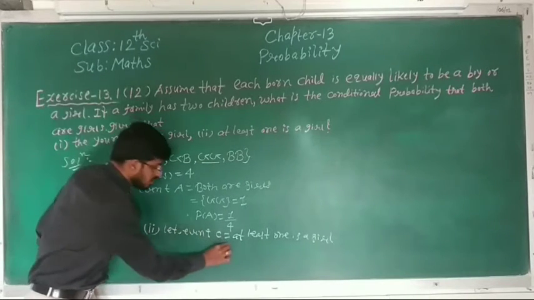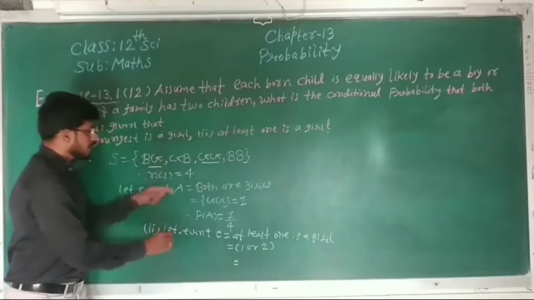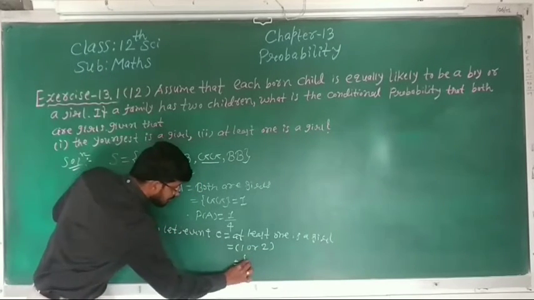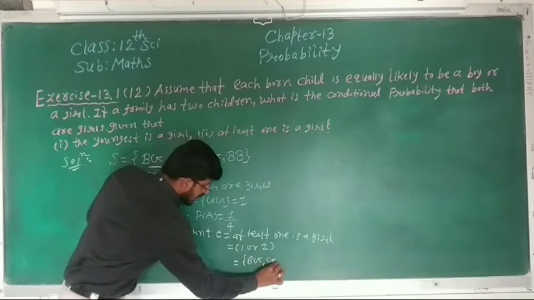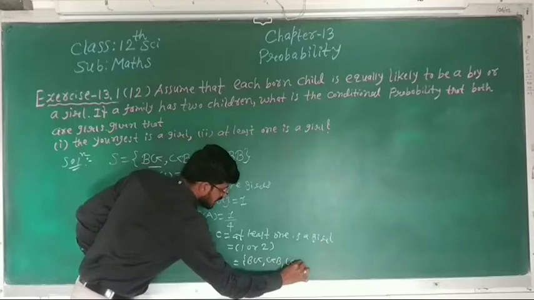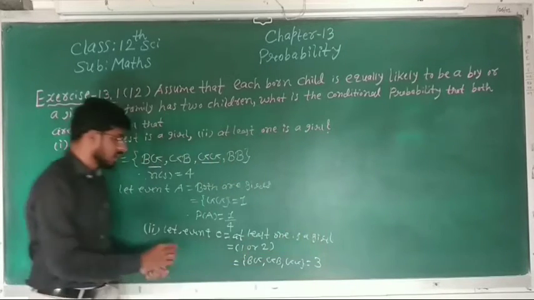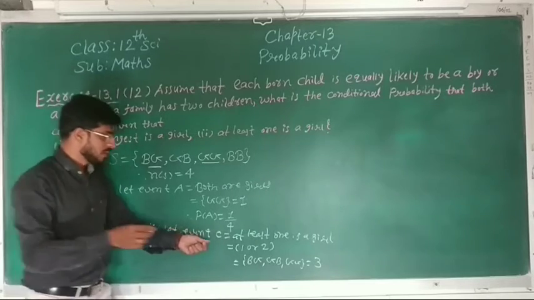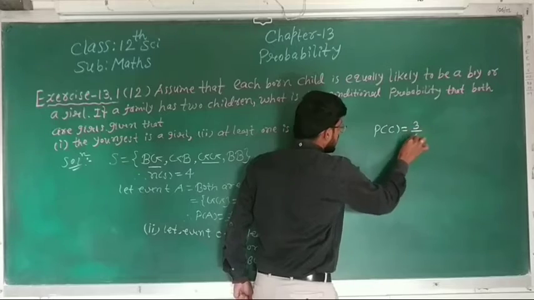So in the first case BG, then GB and GG. So three possibilities of at least one girl. So we can write 3. So what is the probability of C? P of C is equal to 3 by 4.